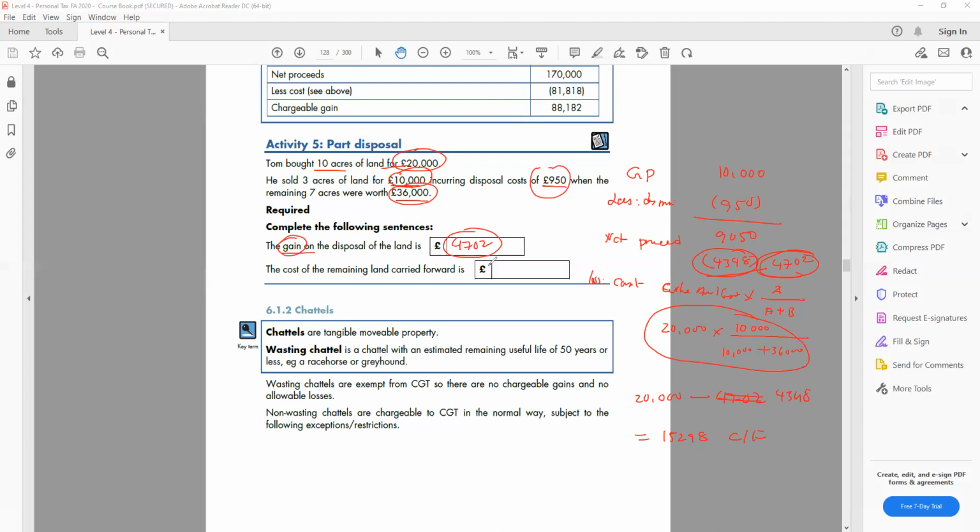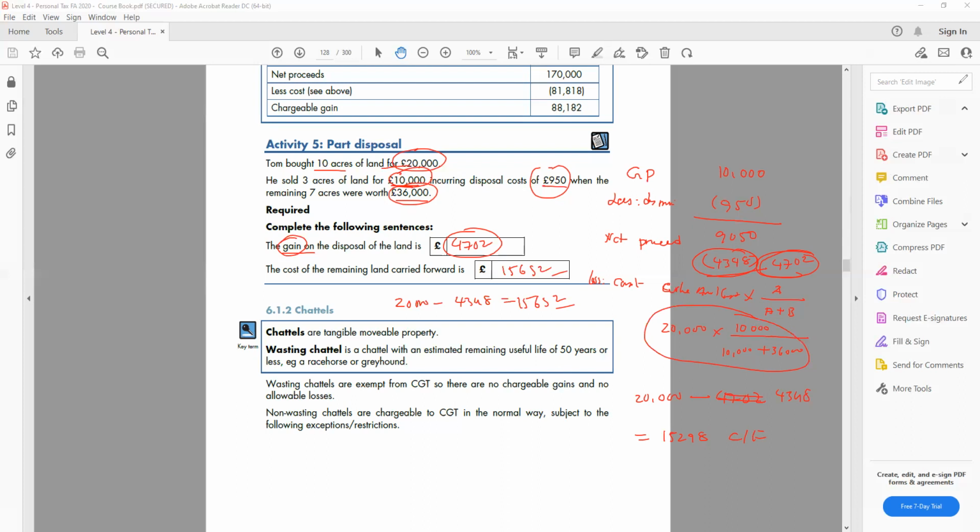So we take 20,000 minus 4,348. From the total cost, if we take away the cost for 3 acres, the remaining will be our cost that will be carried forward, and that is 15,652.